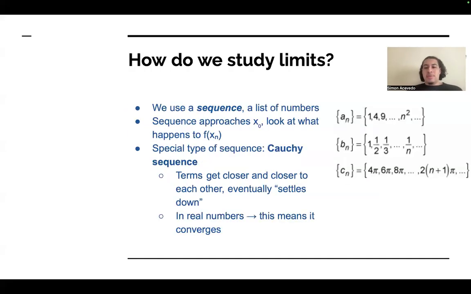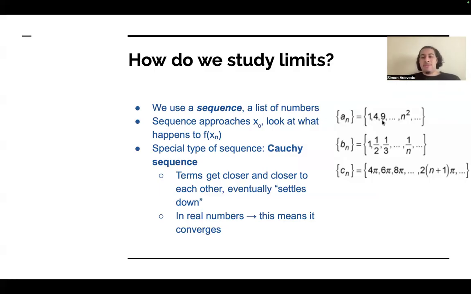And how do we study limits in mathematics? Well, we use sequences. What is a sequence? A sequence is just a list of numbers, right? You see some examples here. A sub n here is the sequence n squared. So they're numbers that follow certain patterns.